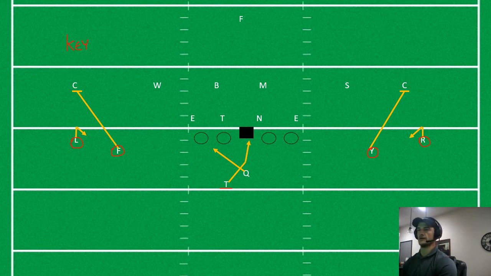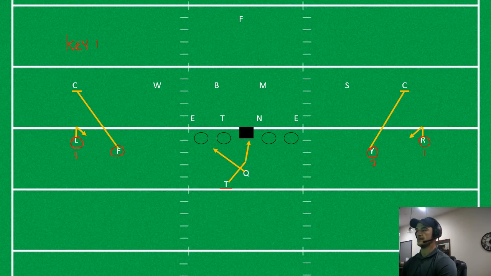So if I called key 1, the outermost receiver on each side is the 1. So for key 1, that would mean the L is running a key screen and the R is running a key screen. They are key 1.